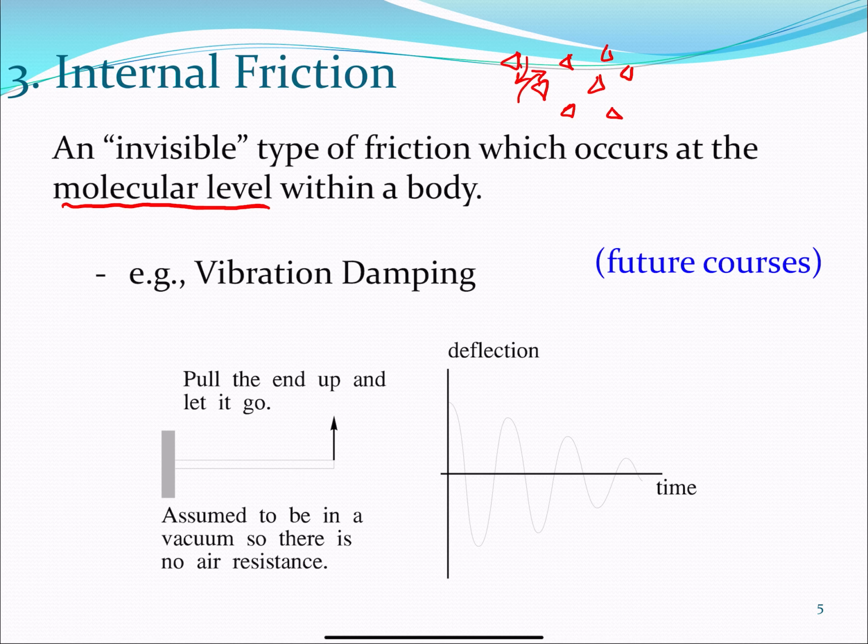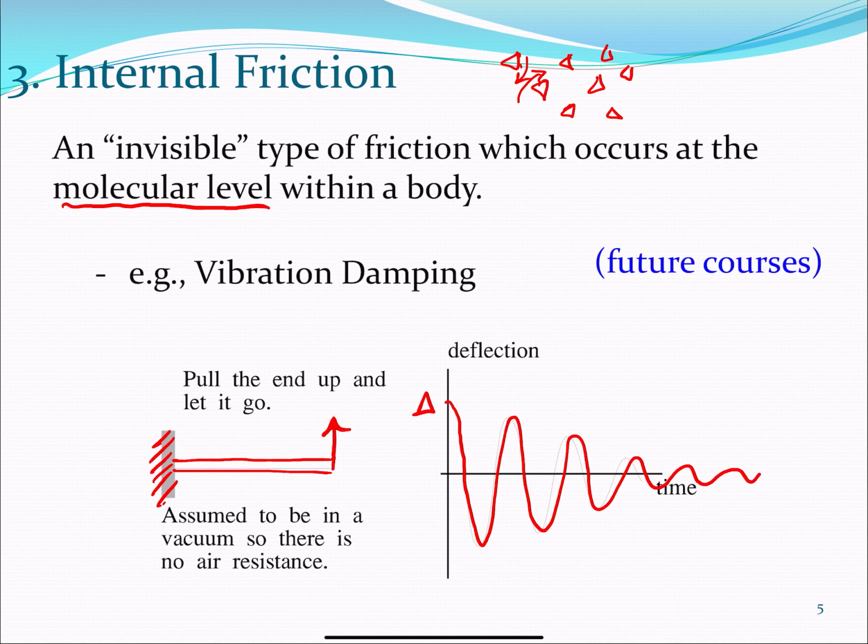One quick example: imagine that you have a bar made of steel or wood or plastic attached to some strong surface, and then you apply a force. You pull one end up and let it go, and you will start at some deflection, and over time all those deflections will become smaller and smaller until, if you let a period of time sufficiently long pass, you'll see the movement stops.